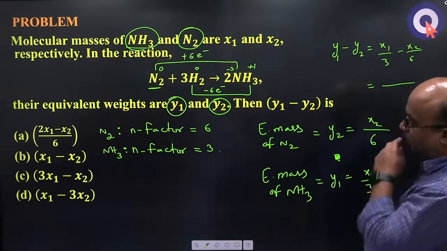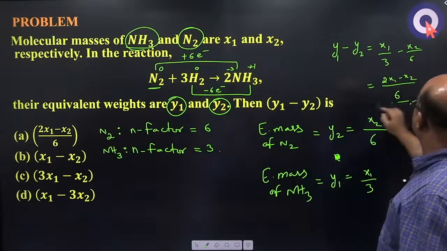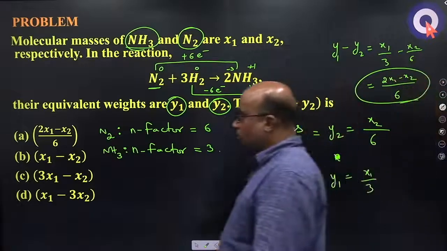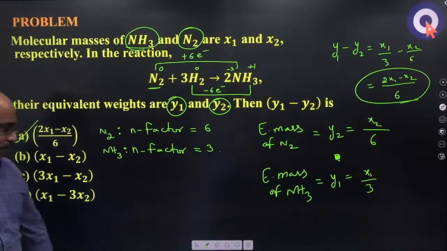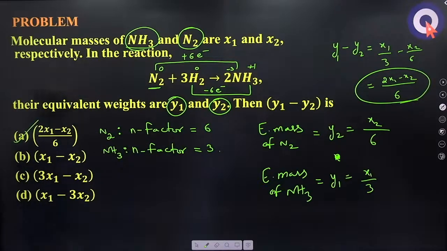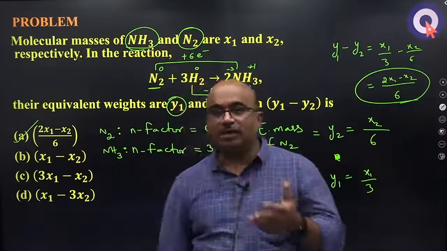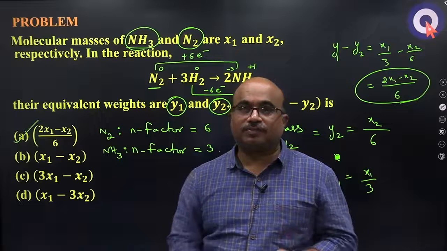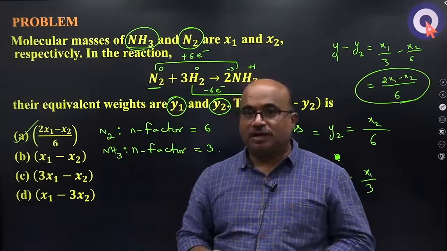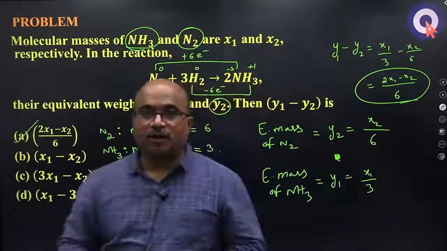So it will be (2X1 minus X2) by 6. Okay, so this is the general way, like basic stoichiometric mole relations and equivalent relations applications. Let us meet in the next session with the next topic. Okay, thank you.